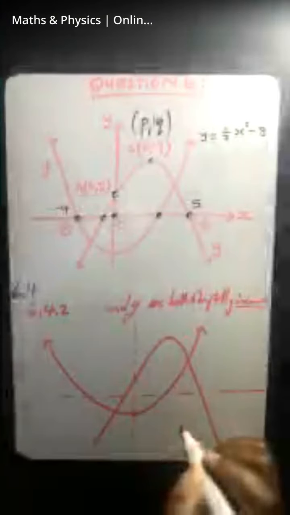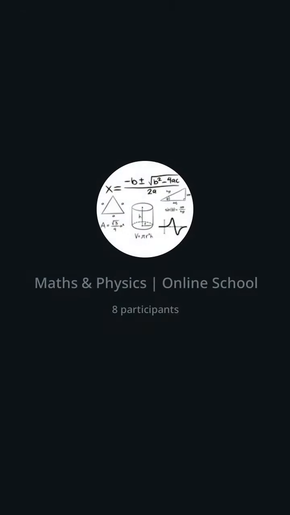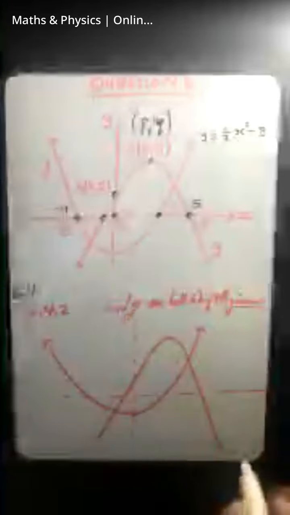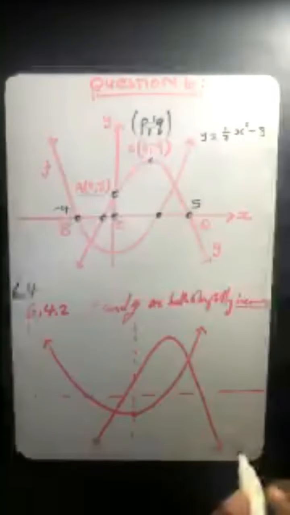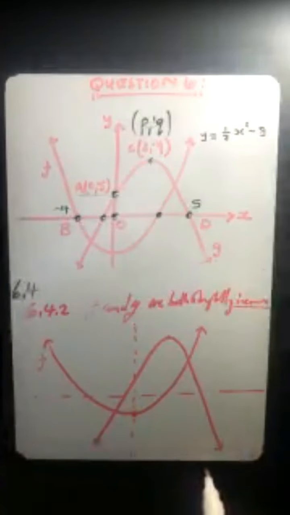They want us to tell at which x values we have both f and g increasing. I just know that for this graph of f, where does it start to increase?